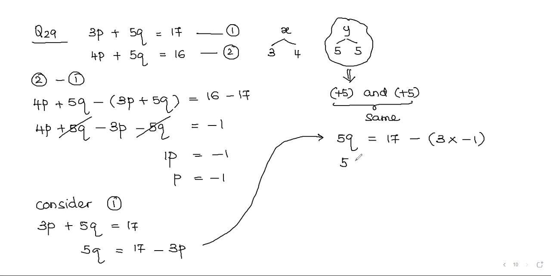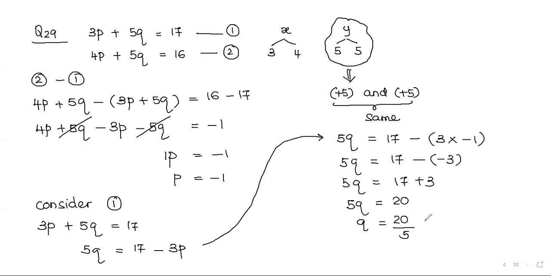So 5q is equal to 17 subtract negative 3, so 5q is equal to 17 plus 3. So 5q is equal to 20, so q is equal to 20 divided by 5. The answer is 4.